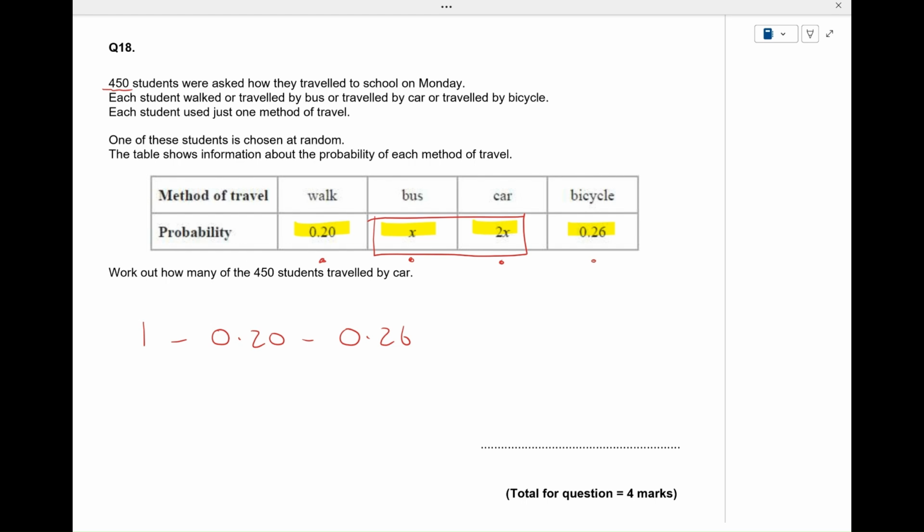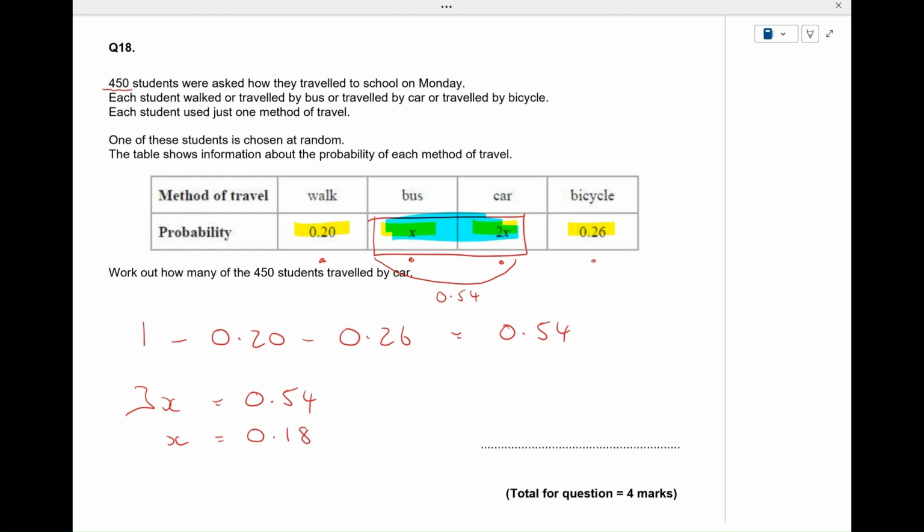So they're going to add up to 0.54. So the whole thing adds up to 1. So 3x equals 0.54. So x equals 0.54 divided by 3, 0.18.